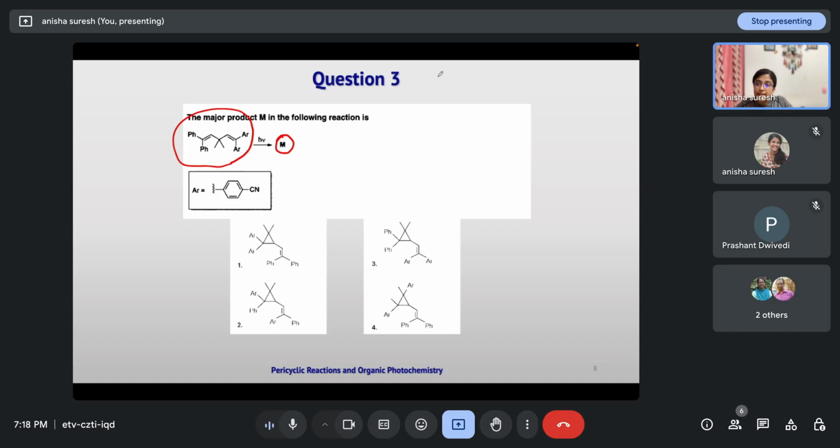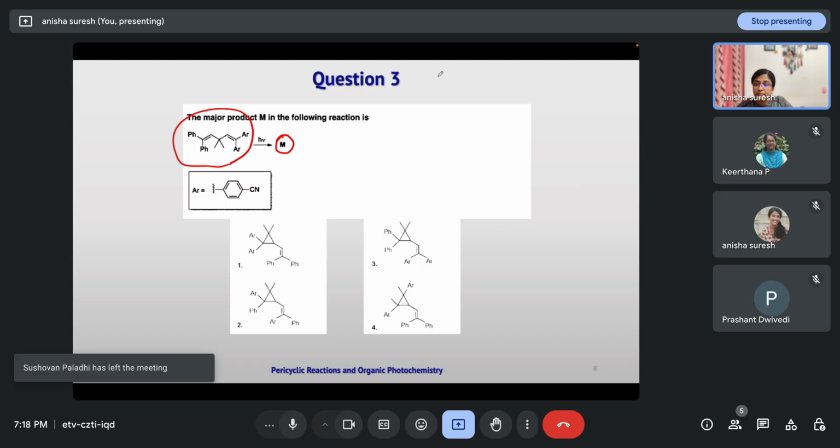So what sort of reaction is this? This is an example of di-pi-methane rearrangement. Okay.